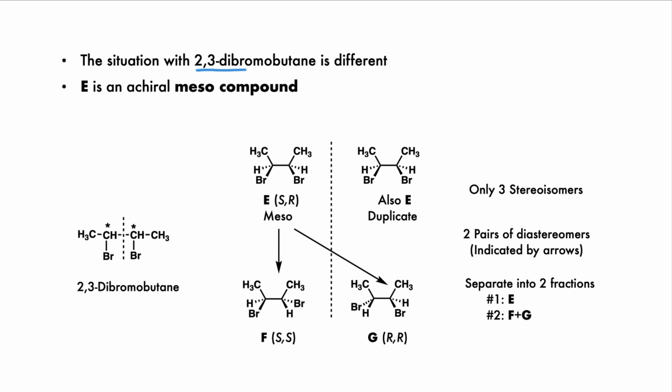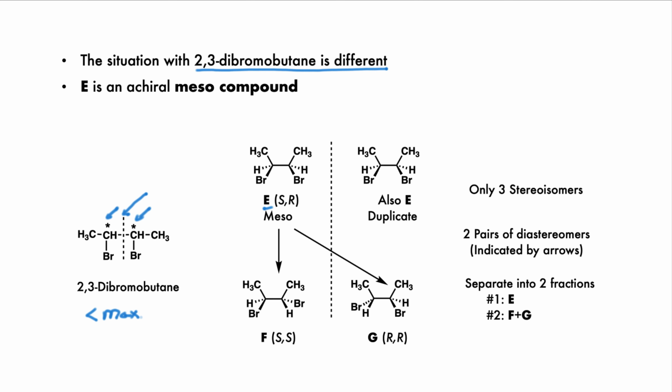The situation with 2,3-dibromobutane is different. Let's look at the flat representation first. We have two chirality centers again, but notice we are already seeing an internal plane of symmetry. This is a hint that you will probably expect fewer than the maximum number of stereoisomers.